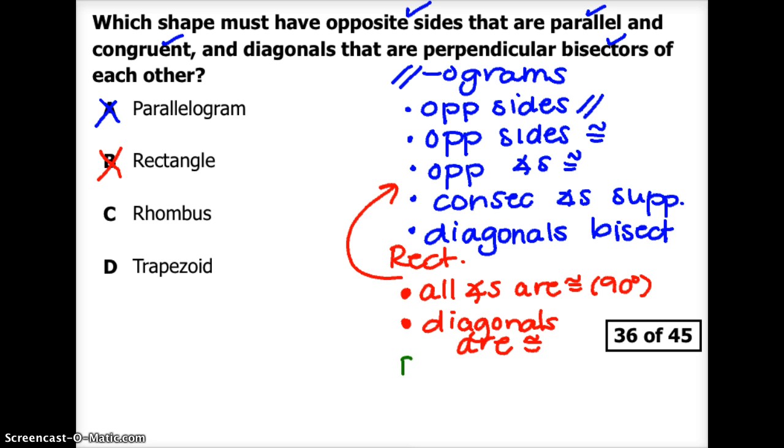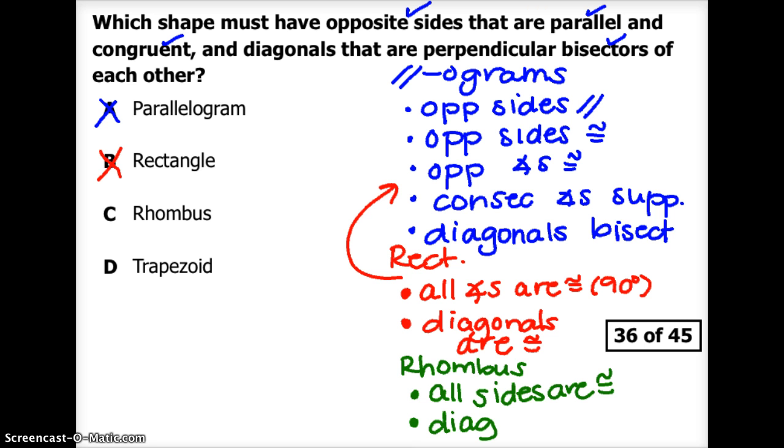Now let's talk about a rhombus. In a rhombus, I get all sides are congruent. I get that the diagonals are perpendicular.